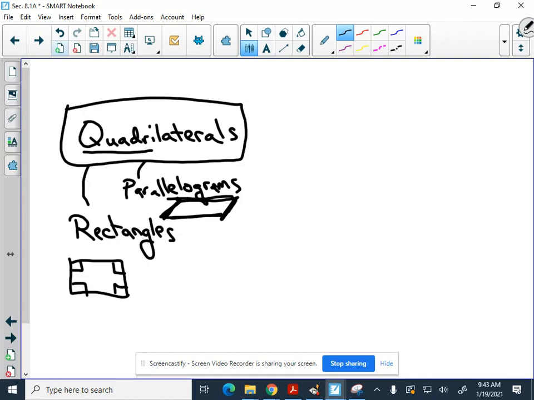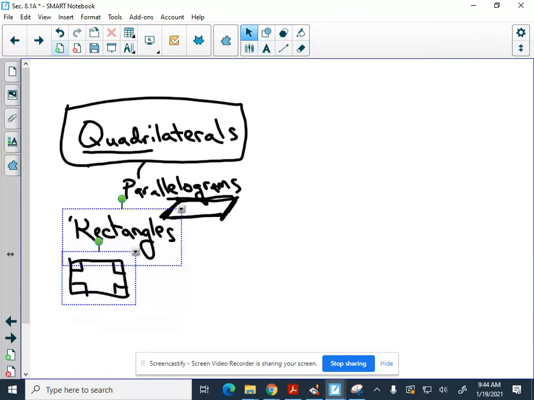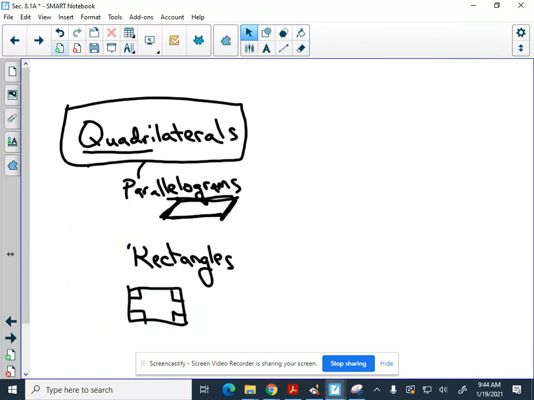Now, a rectangle actually is a parallelogram because its sides are parallel. So all rectangles actually are parallelograms, but not all parallelograms are rectangles. All parallelograms are quadrilaterals, but not all quadrilaterals are parallelograms.